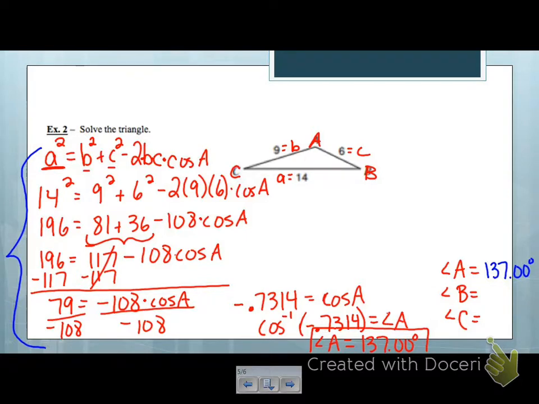Alright, now I'm going to go ahead and look for another angle. So you can take your pick. We could find angle B next, or we could find angle C next. That choice is really up to you. So I'm going to find angle B next. If I want to find angle B, then I need to use the equation that ends with cosine of angle B. I'm going to start my formula by writing B squared, because those two have to match.